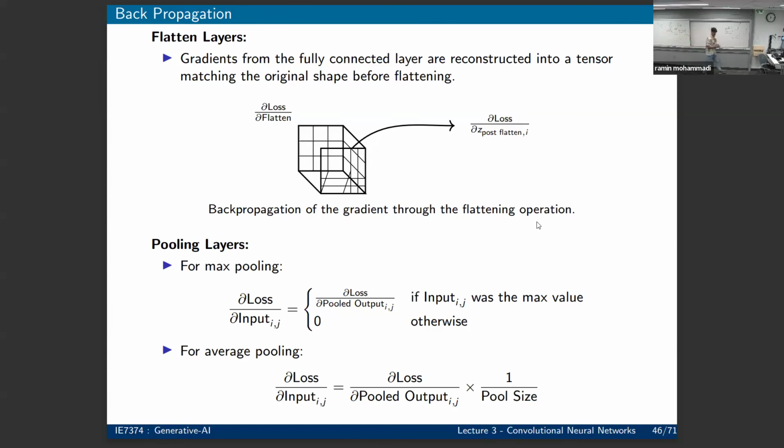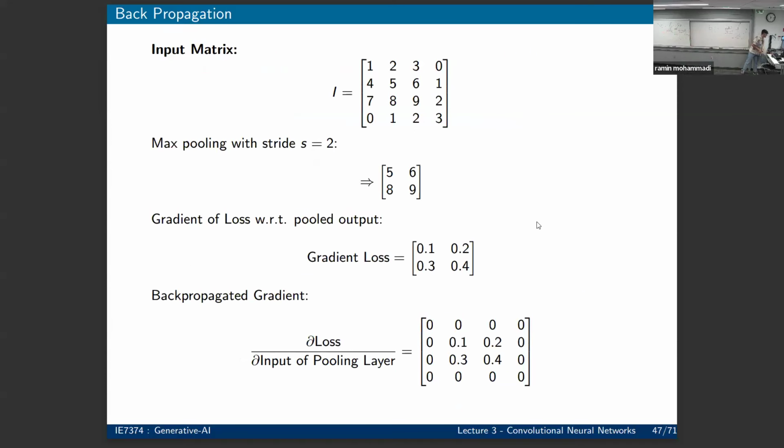So we're going to have an example right now. Think about this one. You have an input matrix, I, and we are doing a max pooling with a stride of 2, and this is what we have, the output after max pooling. Now, let's assume the gradient of the loss is this, which is up to the output of this max pooling. So you have 4 values, your gradient of the loss is 4 values. Now you want to traverse back, you want to reshape this gradient for before the pooling.